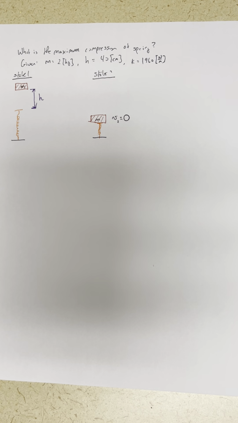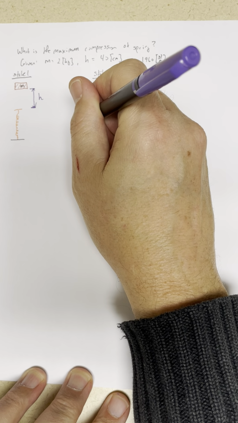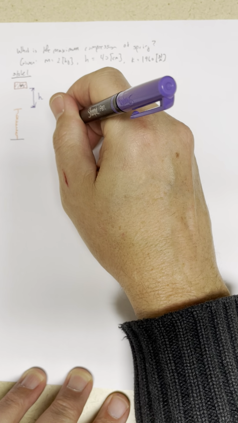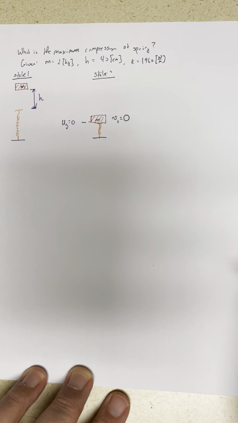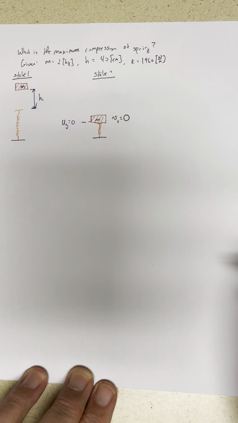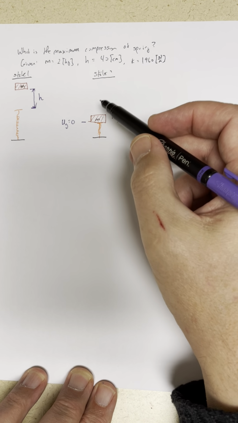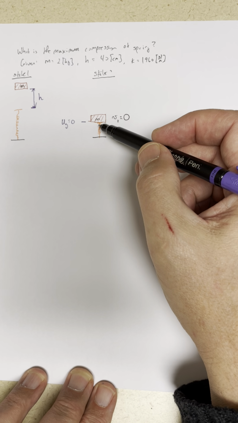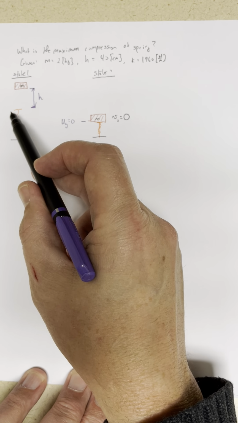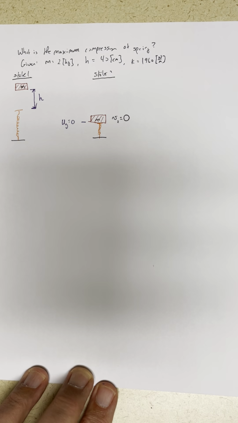Okay. We're going to measure the position such that this is where the gravitational potential energy is going to equal 0. It's when the spring is compressed by a distance x, because there's the equilibrium length of the spring.